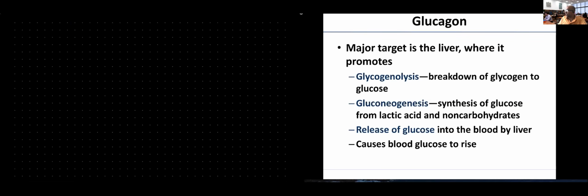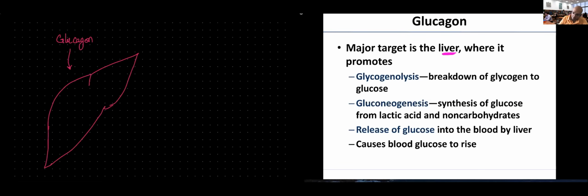The major target organ for the glucagon, it's the liver. Glucagon acts on the liver to increase the blood sugar levels by stimulating the liver cells first to break down the stored glycogen into glucose.